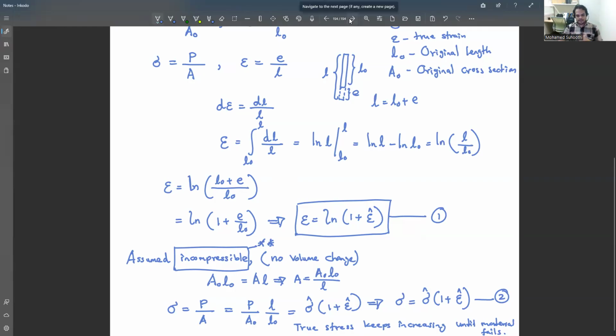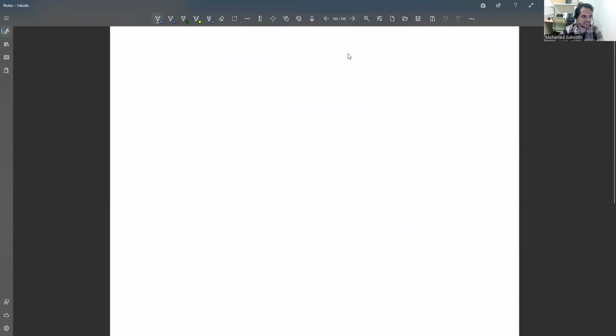Okay, let's go one by one, right? Okay, so let me write the first equation. First equation we already derived. So that means true strain is ln of 1 plus nominal strain, right? Okay. So if we convert it, it is e to the power, right?